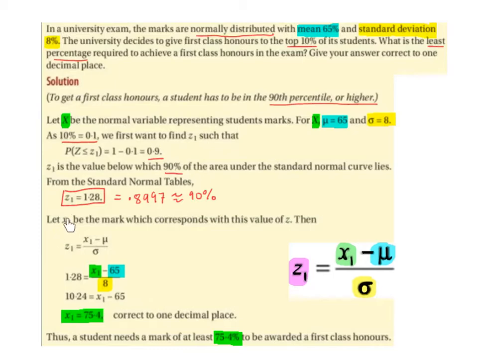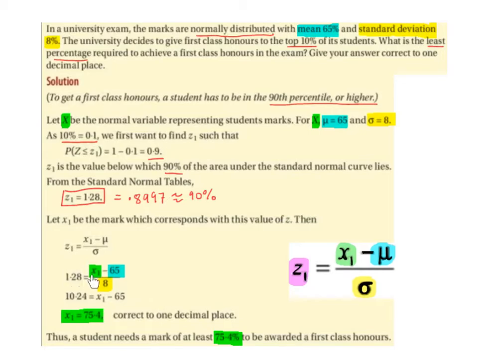Let x1 be the mark which corresponds with this value of z. Then, using the standard formula, we let it equal z1, which in this case is 1.28. So we have 1.28 equals x1 minus the mean, which is 65, divided by the standard deviation, which is 8.